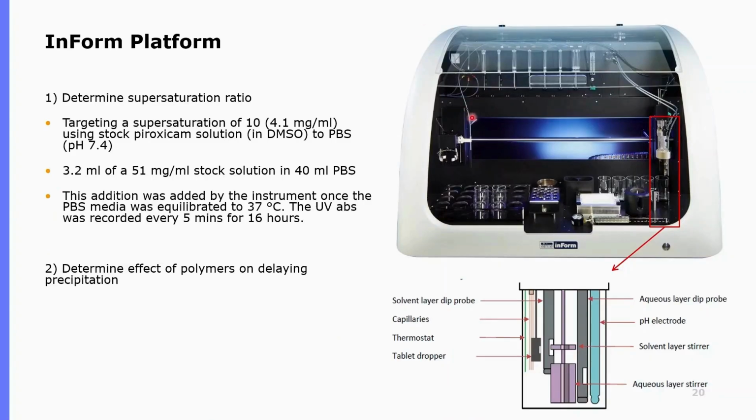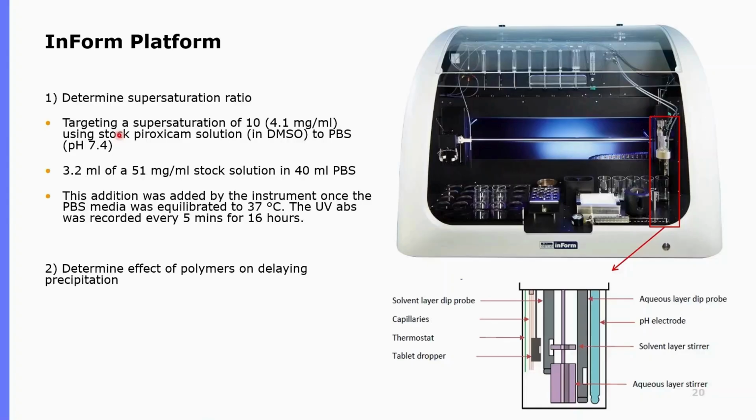Here you can see an image of the Inform platform with a vessel positioned in place. Inside the vessel you will notice the UV probe, the pH electrode, and the stirrer that ensure the system is properly controlled. The first step in the experiment is to establish a baseline by evaluating a supersaturation ratio without any polymer present.